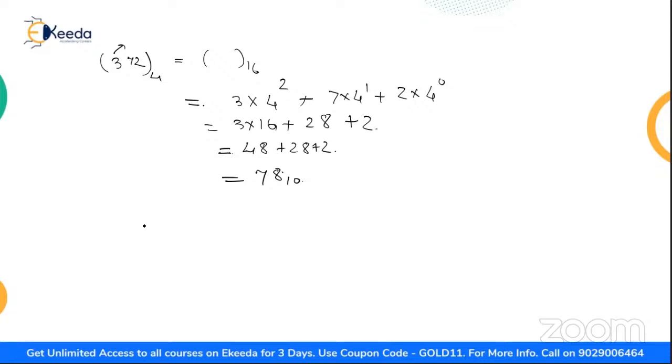How to convert? 78 divided by 16. Divide by 16. So quotient and remainder we'll see.